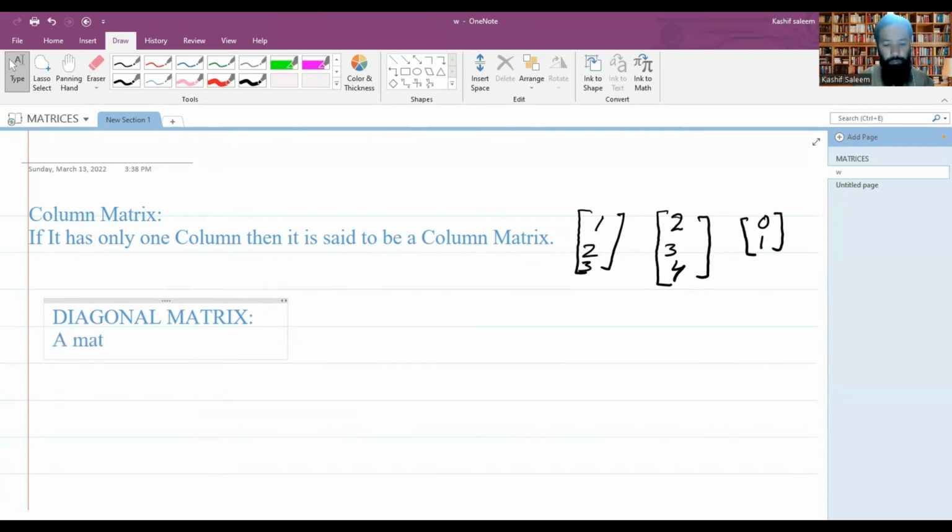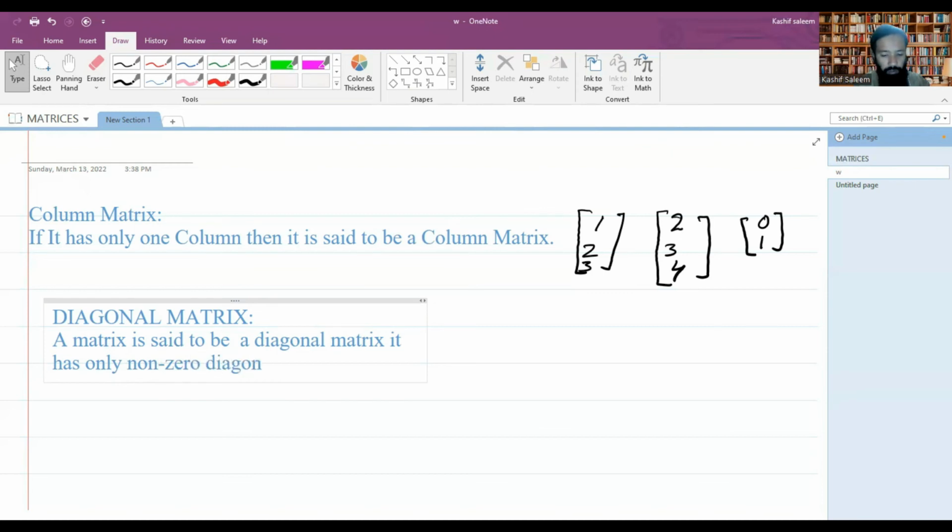A matrix is said to be a diagonal matrix if it has only non-zero diagonal elements.